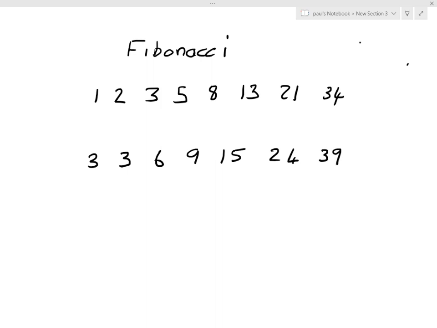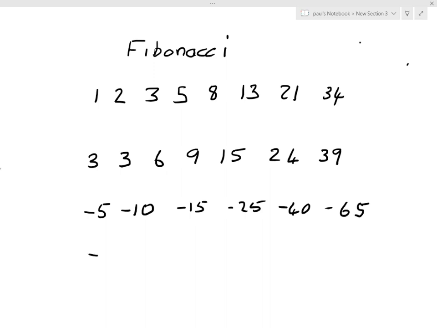So a Fibonacci sequence. And you might have to find a missing number in the sequence or a number at the end. If we start with minus 5 and minus 10, then minus 5 and minus 10 are minus 15, minus 25, minus 40, and minus 65.